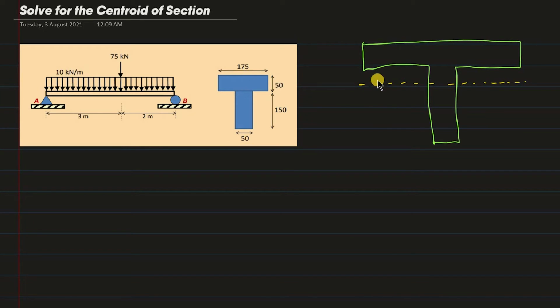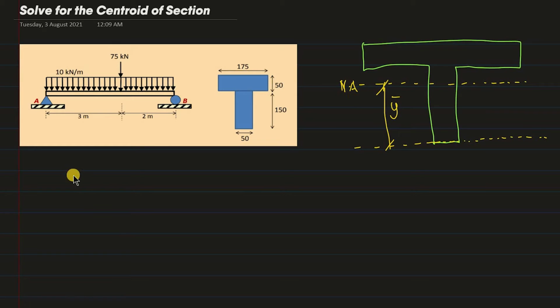Pero for now, we will set a temporary reference point and let's set that at the bottom, okay? So, para mahanap kung ano yung distance ng ating neutral axis going to the bottom, we will set here a coefficient of bar y. So, itong bar y, ito yung isosolve natin para mahanap natin yung location nitong ating neutral axis.